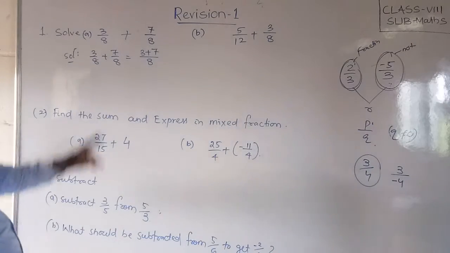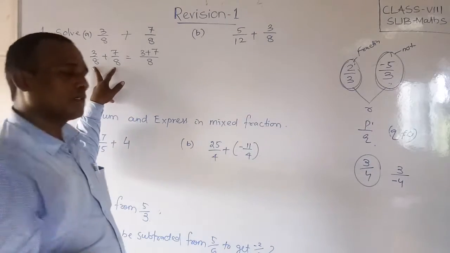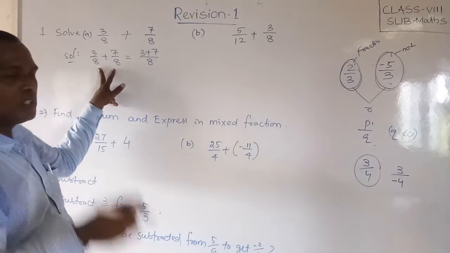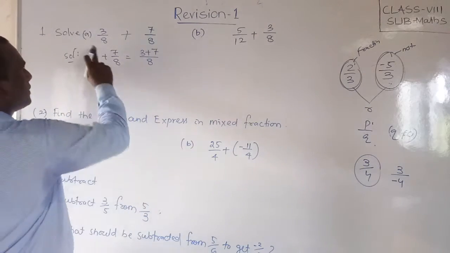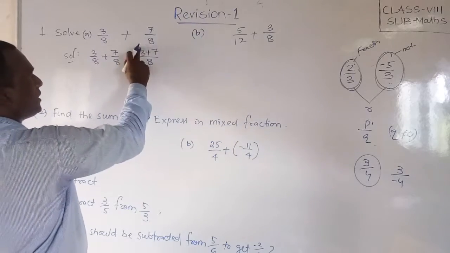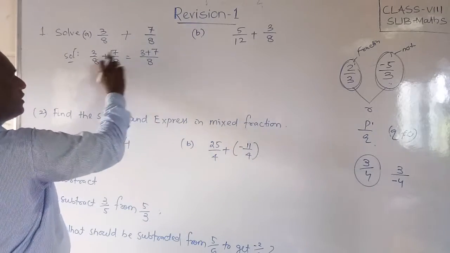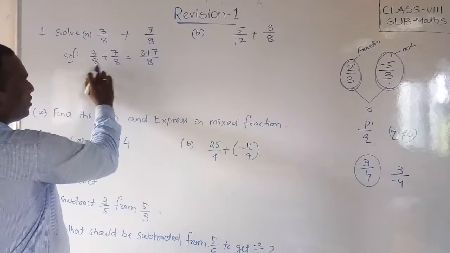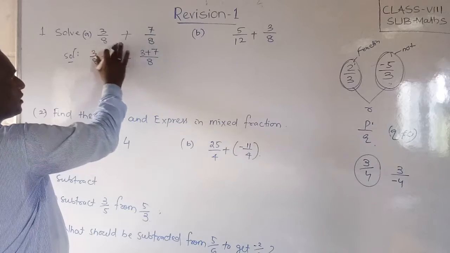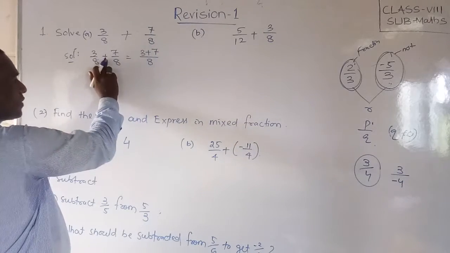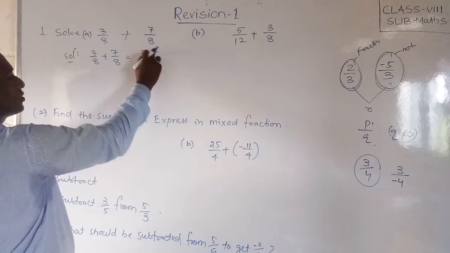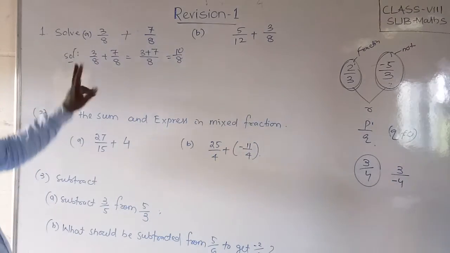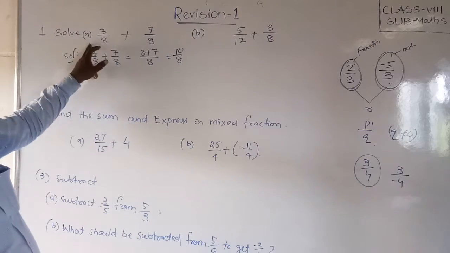Carefully observe: if the denominators of any rational numbers are the same, simply do one step. 3 plus 7, or if there is a minus, 3 minus 7, whatever the sign is, do that, but the denominator does not change. Are you clear? If the denominator is the same, the numerator will be subtraction or addition as the sign says. So it is 10 by 8. Both denominators being the same, the simple way is only to add.